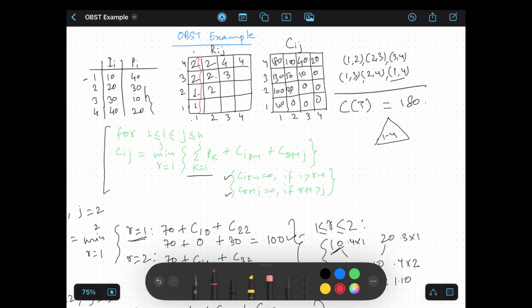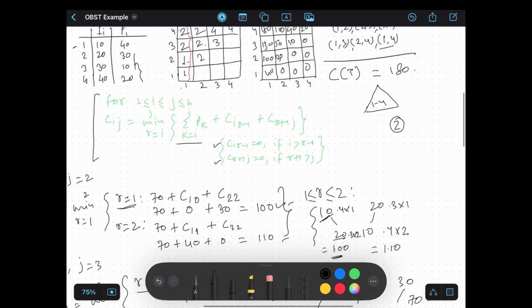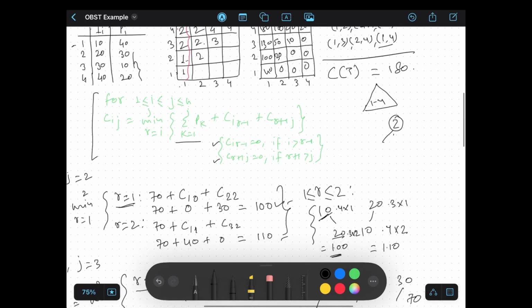And what is the value at 4? Which is item 2. This means item 2 is going to be the root when we talk about items from 1 to 4. So 2 is the root, and on the left we are going to have items which are less than 2, which is actually 1, and on the right we will have items which are greater than 2, which are 3 to 4.